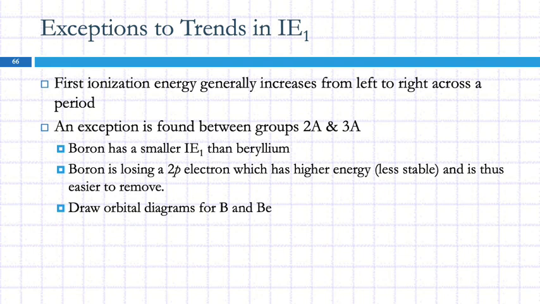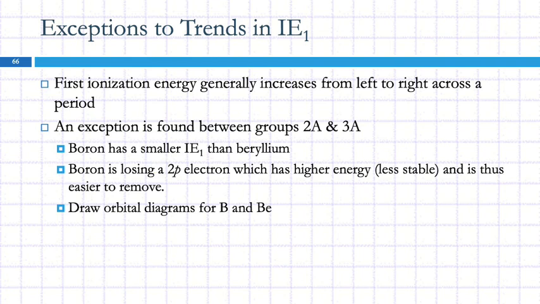Of course, if we're going to have trends, there have to be some exceptions in the trends. And these are a little bit interesting. There's an exception between group 2A and group 3A. So going across, we expect that the ionization energy would get larger, and yet boron has a smaller ionization energy.